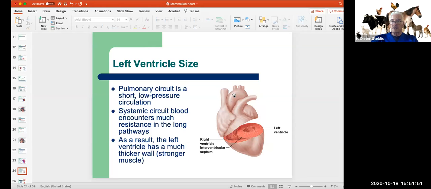That's a heavy push, especially in a large animal, so you have to have a really well muscled left ventricle. In comparison, the right ventricle has a relatively thin muscular wall, because all it has to do is push blood through the pulmonary artery into the lung. That's a short distance, so it doesn't need much strength.